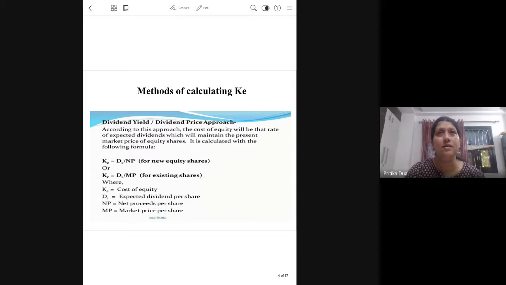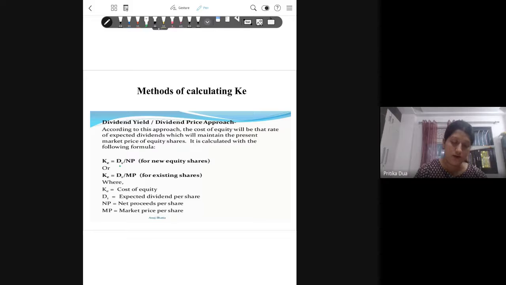So KE is D1. Always pay attention to the subscript. D1 is the expected dividend. Dividend already paid is D0. What we expect at the end of year 1 is D1.